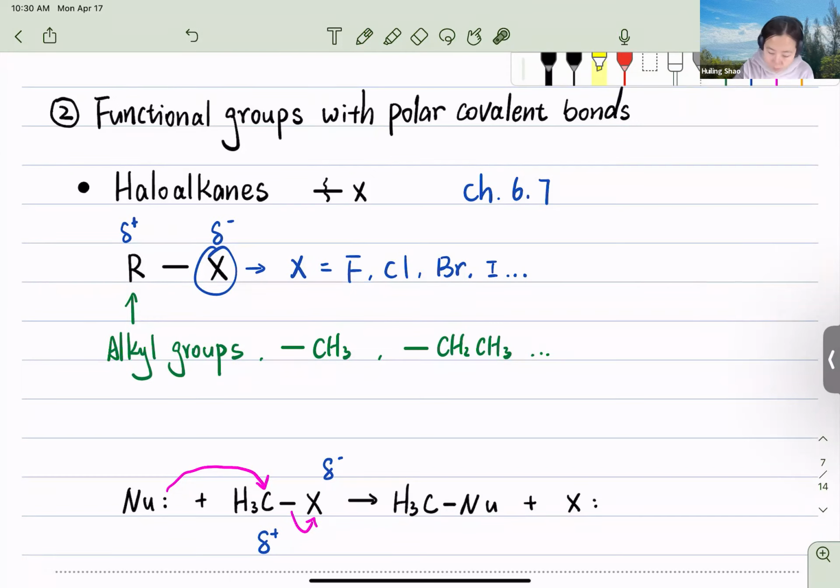So depending on what molecule you have, you might end up with a plus charge on the new species and an anionic species on your halogen. In other words, because this alkyl carbon is more electropositive compared to the halogen, we expect it to act as a more electrophilic species.